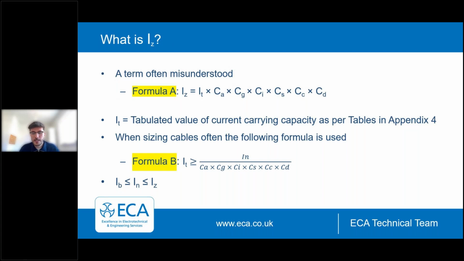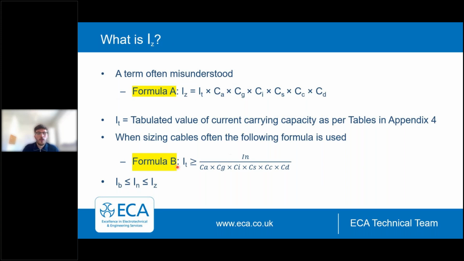Now, IZ is a term that is used within the normative parts of BS 7671. So we've just looked at Regulation 433.1.1, which refers to IZ. However, when we size cables, we often apply rating factors as divisors to IN, as we can see here within Formula B, when we're looking to ensure we achieve protection against overload.